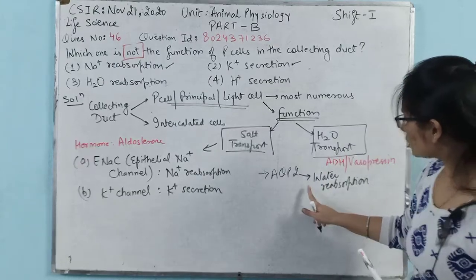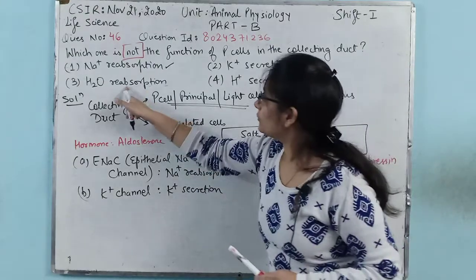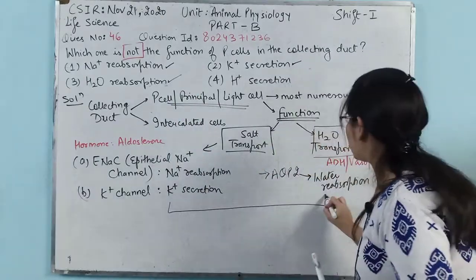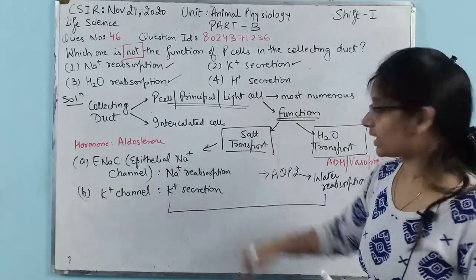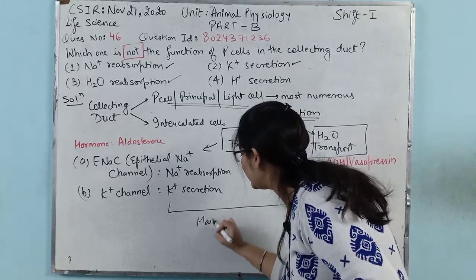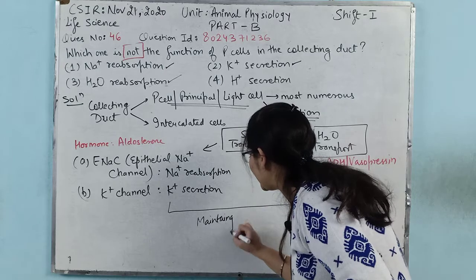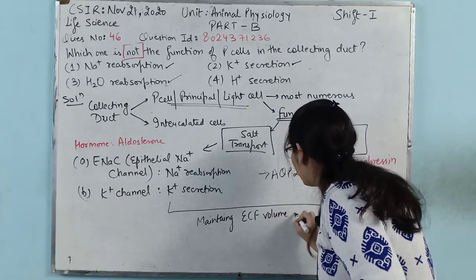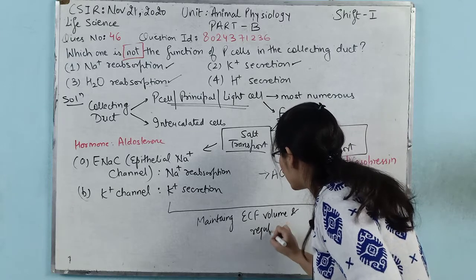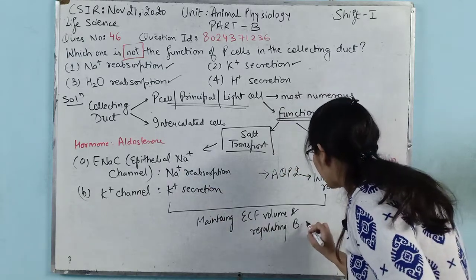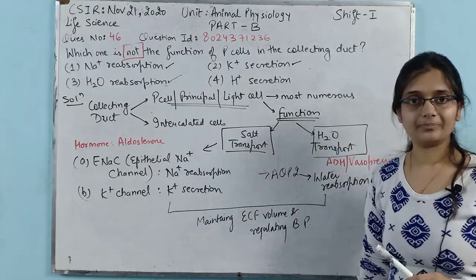So they are also involved in reabsorption of water, and via these mechanisms the P cells in the collecting duct are involved in maintaining extracellular fluid volume, and by regulating salt balance, they regulate BP.